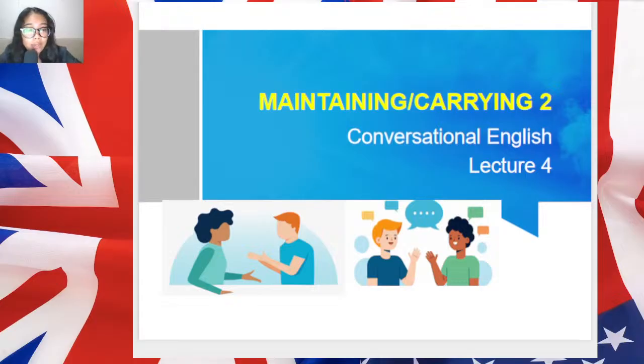We learned how to keep a conversation going by showing our interest in the current topic. And then today we are going to talk about the next important skill for maintaining a conversation, which is, of course, knowing how to change a topic.